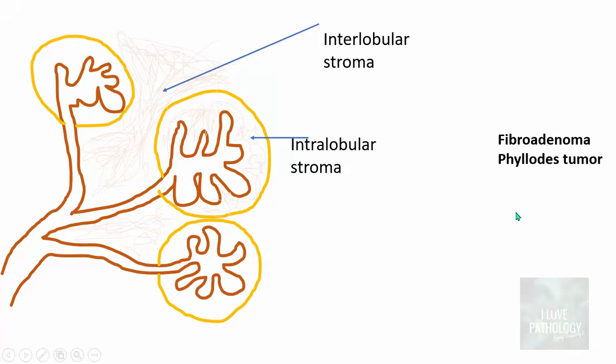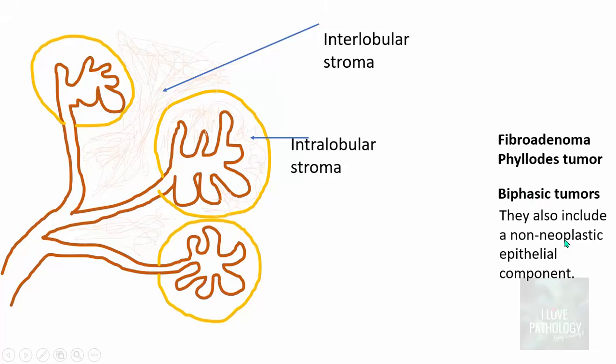The tumors which arise from intralobular stroma are the Phyllodes tumor and fibroadenoma. Okay, they are also referred to as biphasic tumors. That's because they also include a non-neoplastic epithelial component. Because you have a stroma and then this epithelial component which is tightly intermingled, right? So the tumor does include a part of non-neoplastic epithelial component, and that's the reason why they are referred to as biphasic tumors.